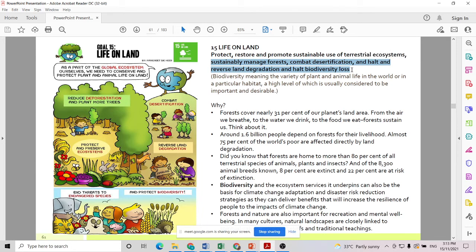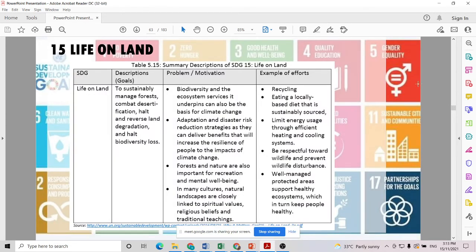So that is life on land. So how you can do it is by recycling, and eat a locally based diet that has sustainably sourced. Limit energy usage through efficient heating and cooling system, and respect towards wildlife and prevent wildlife disturbance.